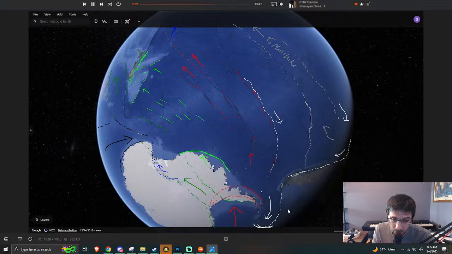So like this band from the top of, or the Anubis's chin to Antarctica, this band had current flowing eastward.